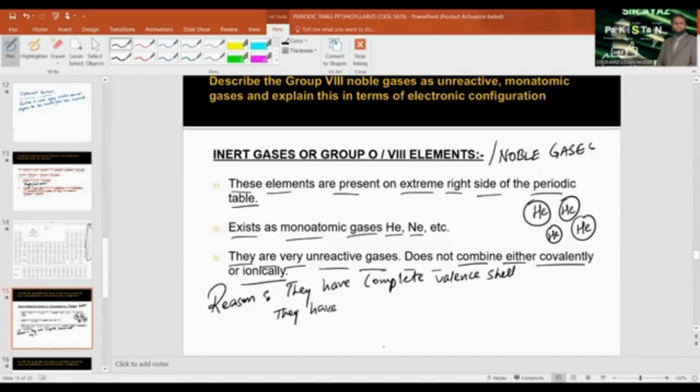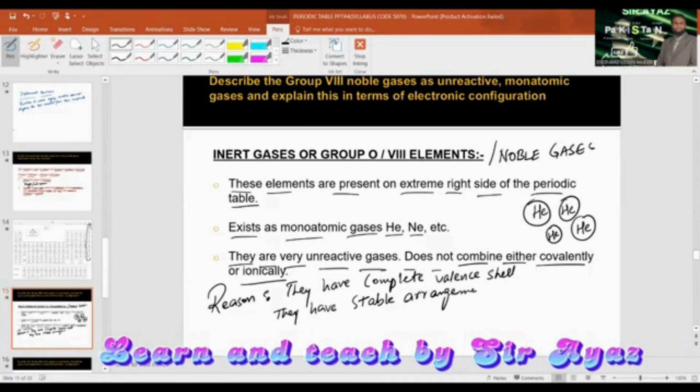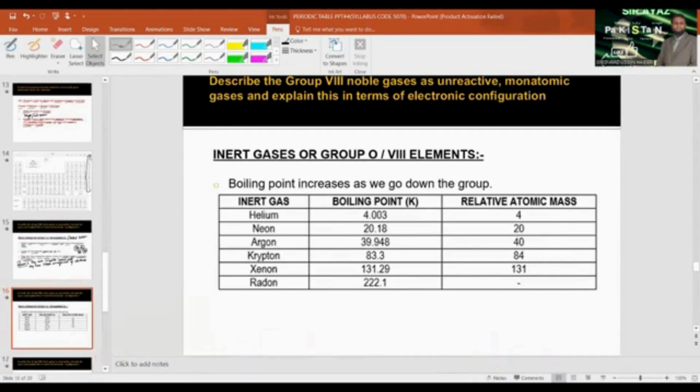They have a stable arrangement of electrons. This is the reason. Now, for inert gases, the boiling point increases as we go down the group.